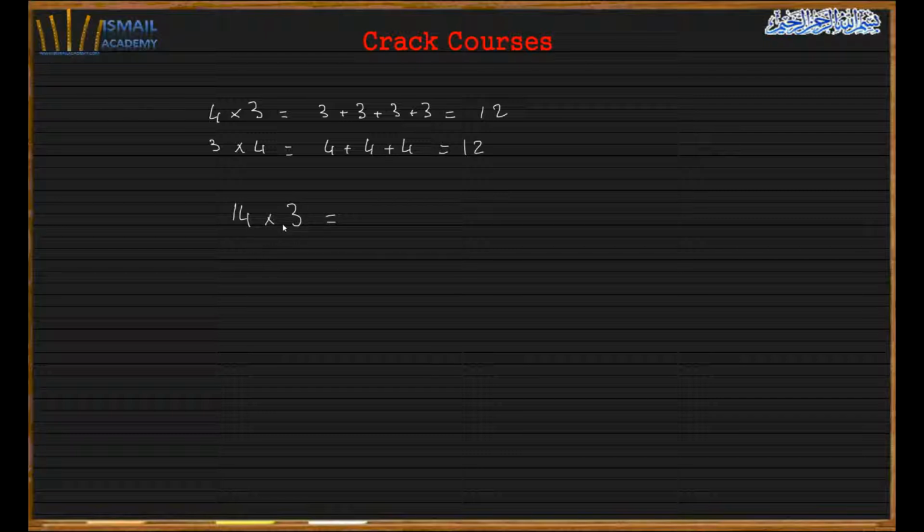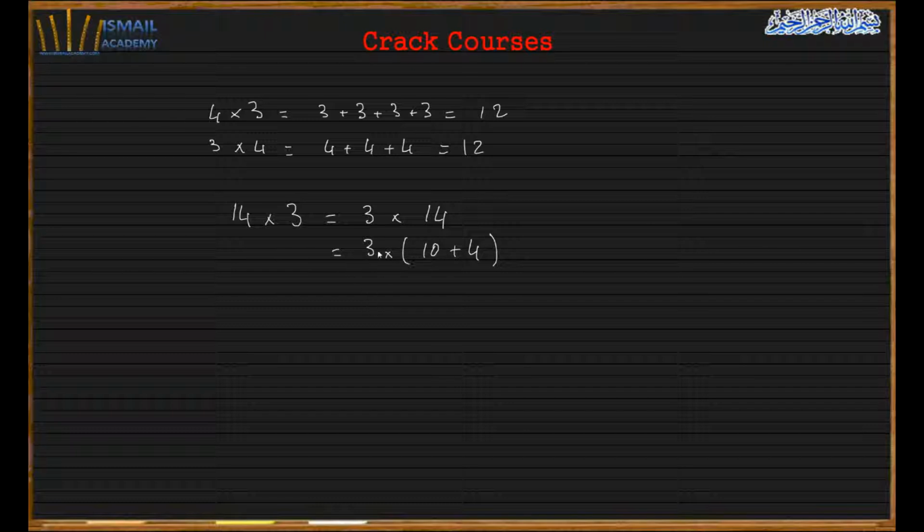As we know, 14 times 3 is the same thing as 3 times 14, so we can write it in this form, 3 times 14. And 14, I write down as the sum of two numbers, a distinct quantity, in terms of tens and ones. So this will be 3 times 10 plus 4.